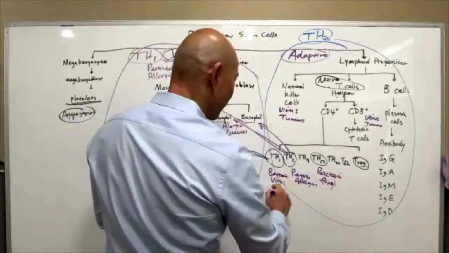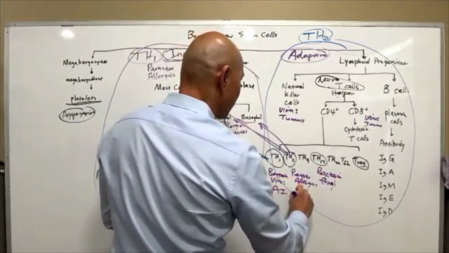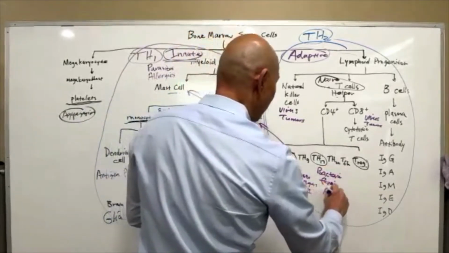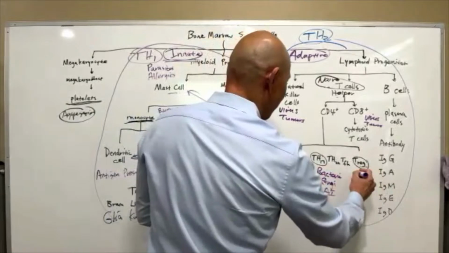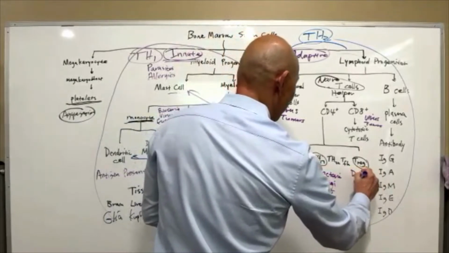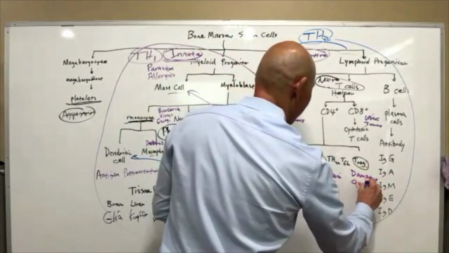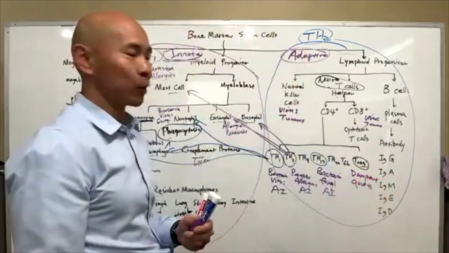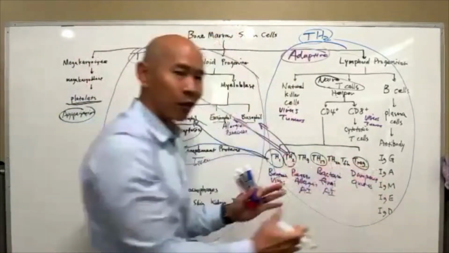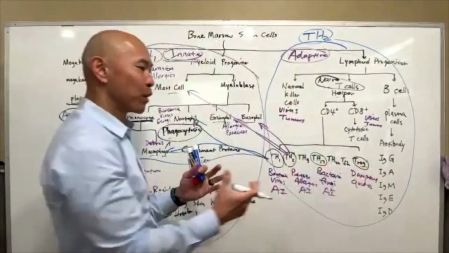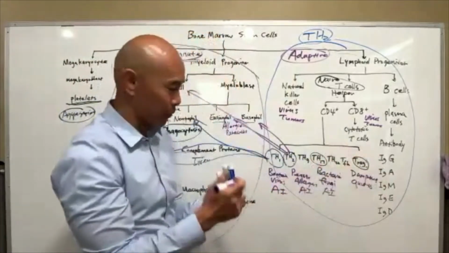And all of these can be involved in autoimmune responses. The Treg cell dampens or quiets the immune response. So it's kind of the conductor, if you will, or the ceasefire signal from the immune system.